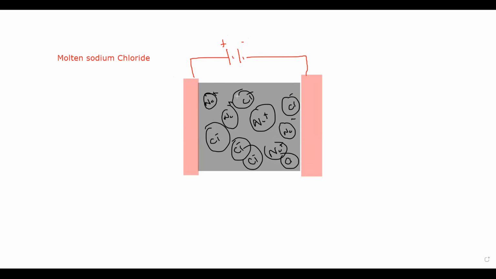Both? No, the positive one, like charges repel each other. Positive and positive will repel, and positive and negative will attract. So this positive will not attract sodium, it will push these sodiums away because they are repelling, and it will attract the chlorine.